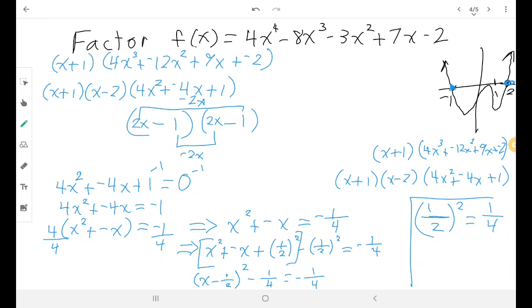And then you would add 1/4 to both sides, and that would be really convenient because you'd get 0. And so ultimately you would get x minus 1/2 squared equals 0. And you could solve that pretty easily.